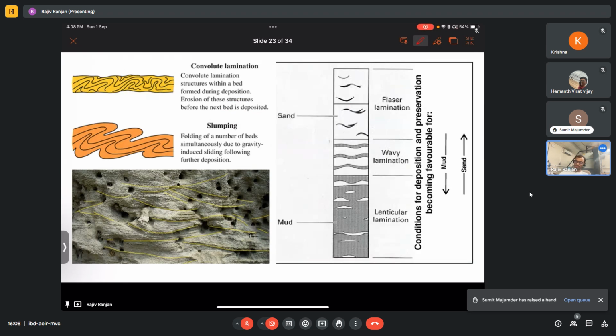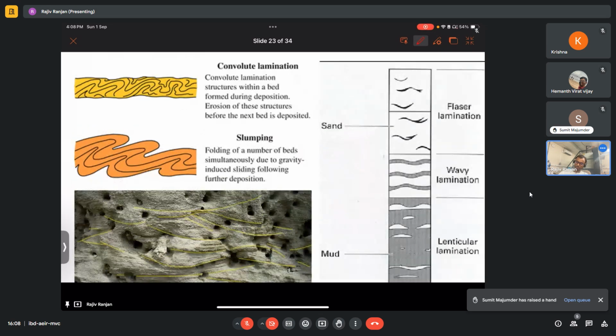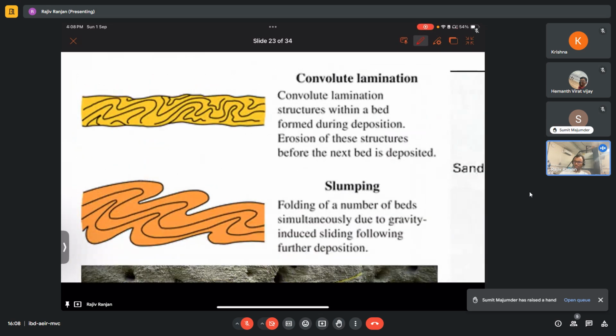If you see these convolute laminations, these are primary structures that form during deposition, and since it was not lithified, this got very distorted. You can see there are very random structures. So this is known as convolute structures.